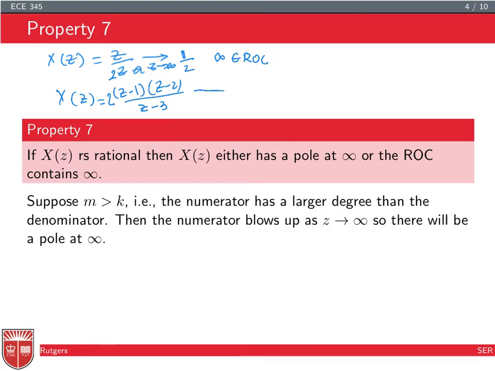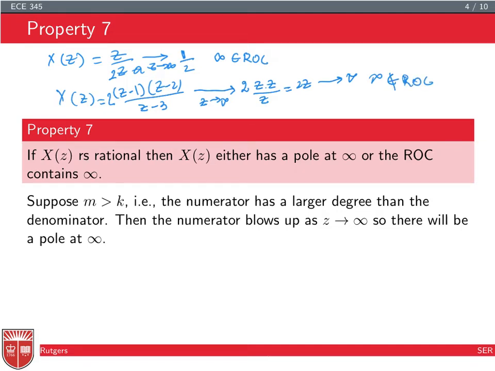If you take the limit when z goes to infinity, you have the constant 2, and z minus 1 behaves like z, while z minus 2 and z minus 3 each go to infinity like z. So this is equal to 2z, and this is going to go to infinity. So here, infinity is not in the ROC.